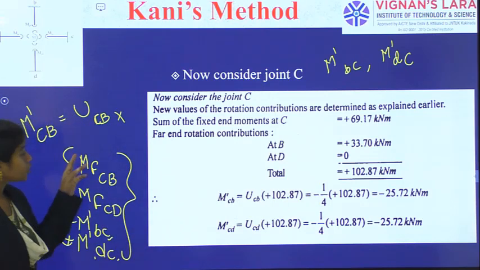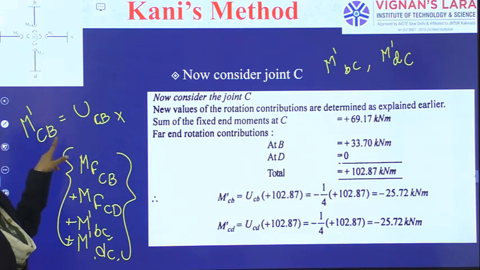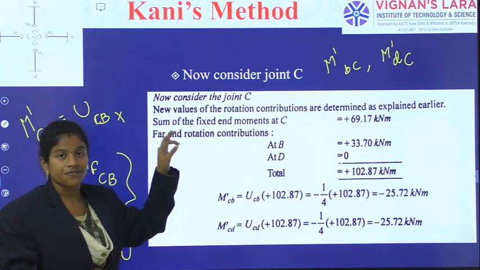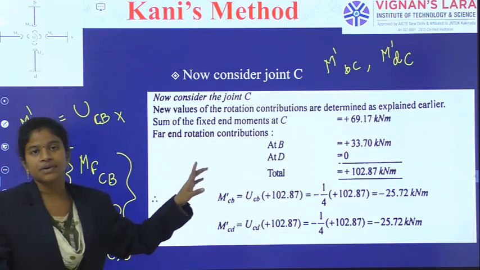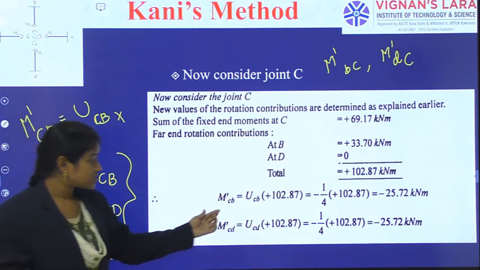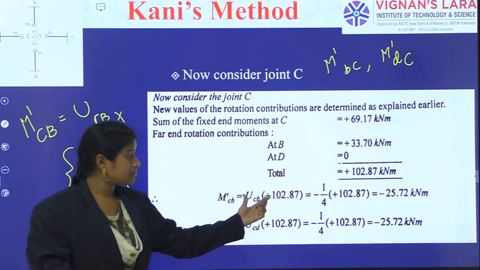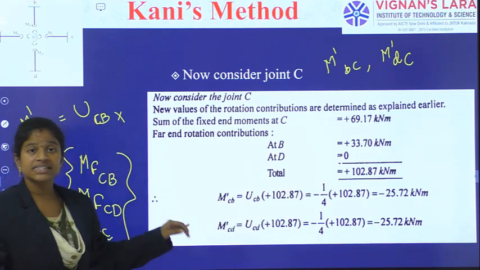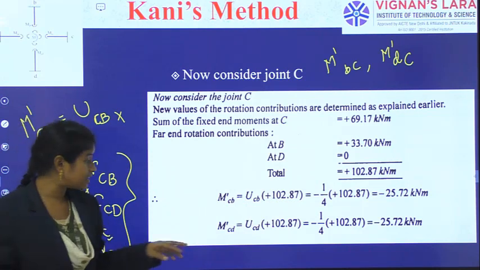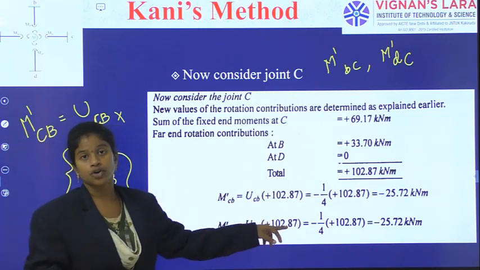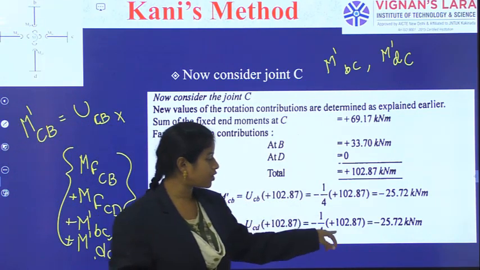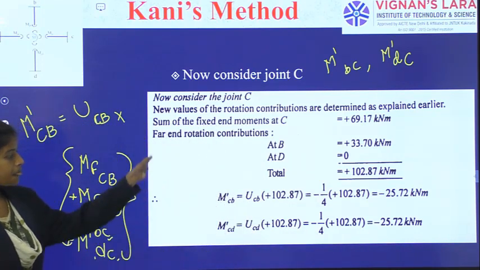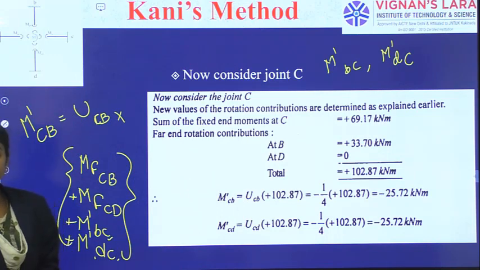So UCB is equal to rotation factor at C towards B into the sum of all these things, and the summation has given me minus 25.72. Then M dash CD at C towards D, UCD is equal to plus 102.87, which is minus 1 by 4 into 102.87 minus 25.72. In this way these values are coming for us.